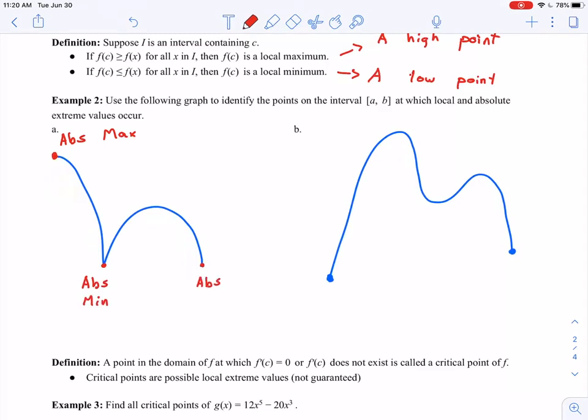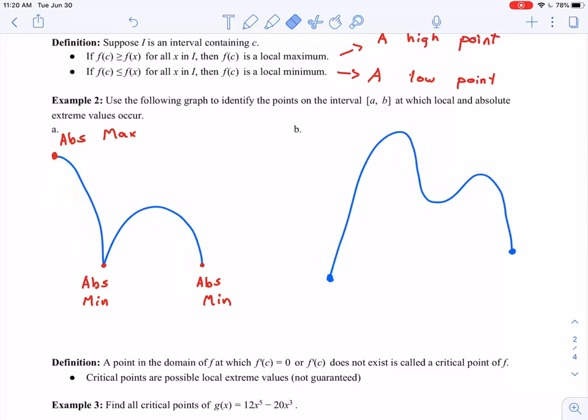Because remember that when we say an absolute minimum, we're really referring to the y value. And if they have the same y value, well then sure, it's the same y value that we're really talking about. It just achieves that y value in 2 different locations on our graph. So at this point, we've identified our absolute extreme values.